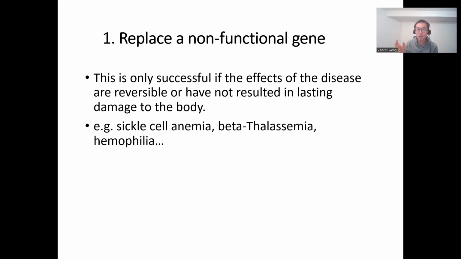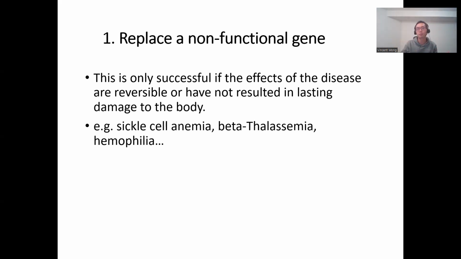But if the condition causes some damage to the body already, let's say there is a mutation that interferes with mental development. After, let's say at age 7, the person receives the gene therapy to fix that. All the damage that was done over the 7 years of life is not going to be fixed.